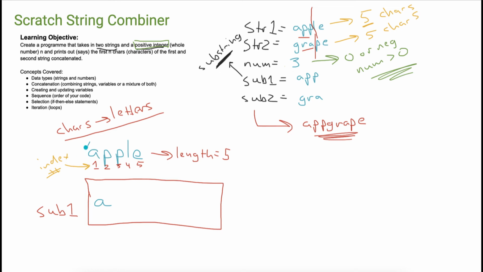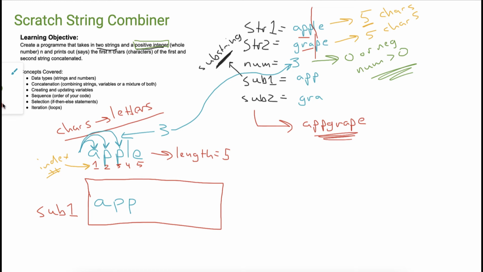Okay, so that's iteration 1 right there. Then we're going to run our code again, but this time we're going to take the letter at the 2nd index, and add that to our variable. And then we're going to do it a 3rd time, and we're going to grab the 3rd letter. And notice here, this code will only run 3 times because that's the number that the user typed in.